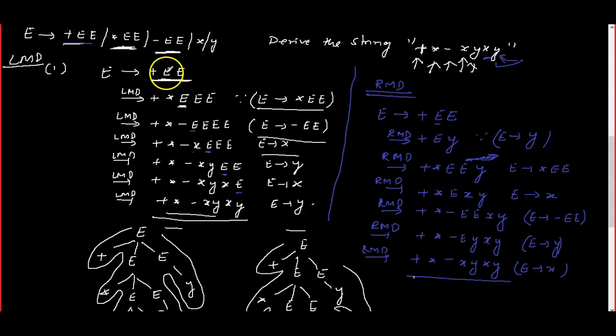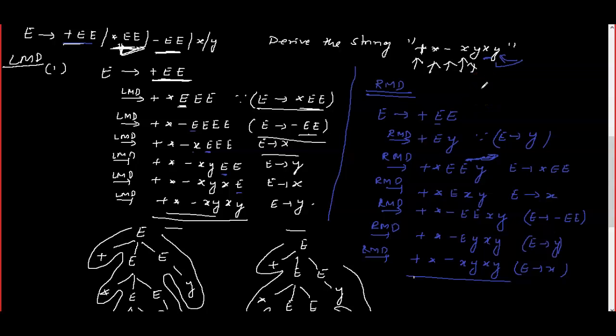After that, for this E, again we have freedom for choosing all the four, but we cannot, because we need multiplication here, and then we have only one option left, this one here, right? So I substituted this, star E E. Then after that minus was there, so only this one you can substitute. If you substitute another, you will not get the string.